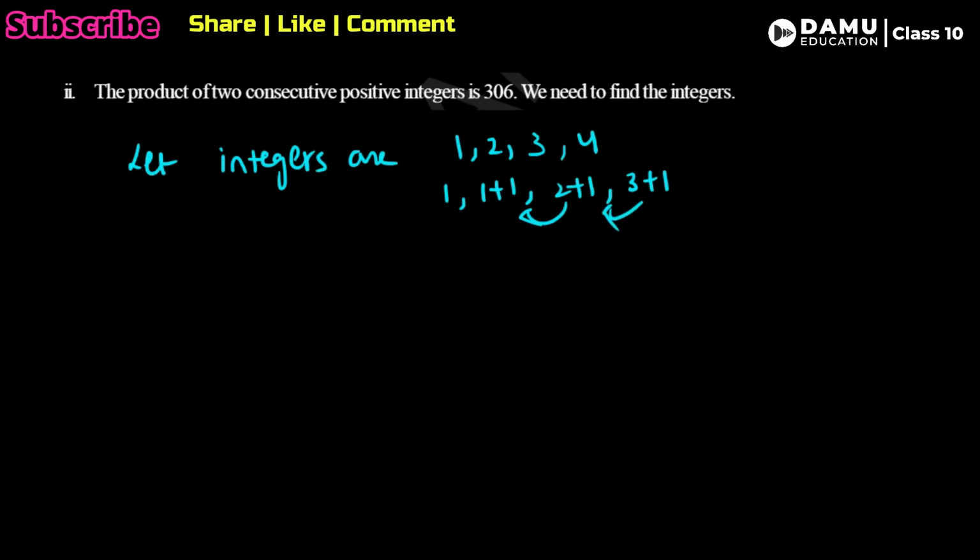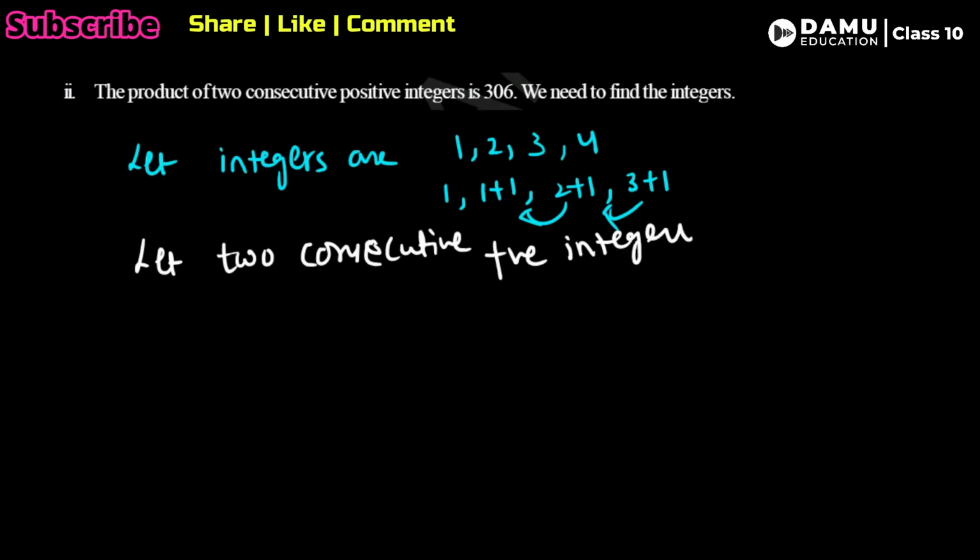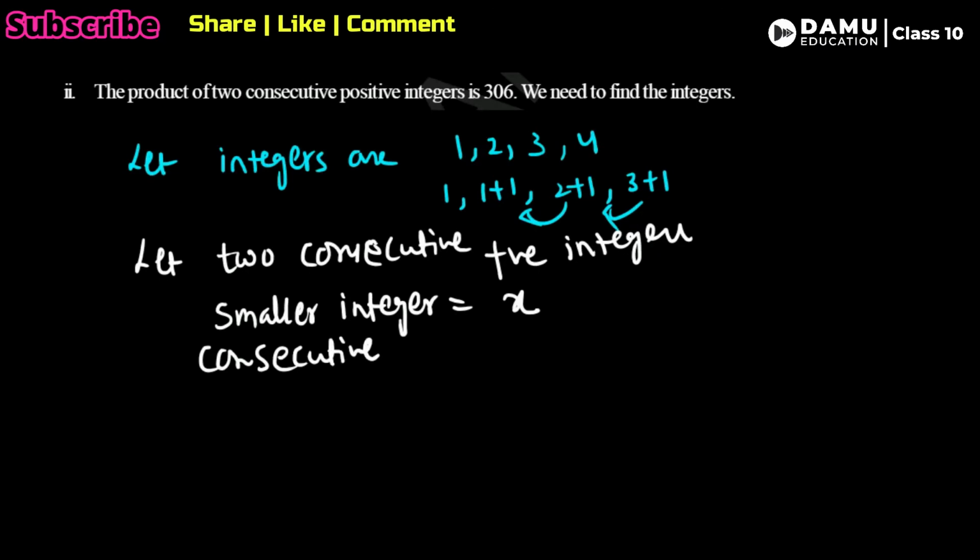Consecutive means two consecutive positive integers, and every number increases by 1. Let's take the smaller integer as x. Then the next consecutive integer, beside it, will be x plus 1.